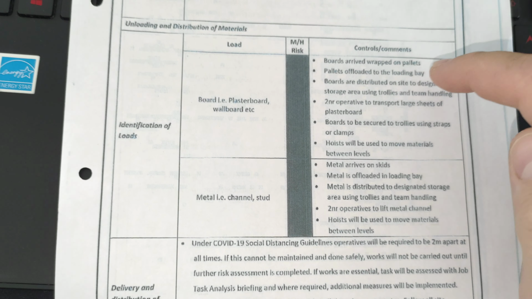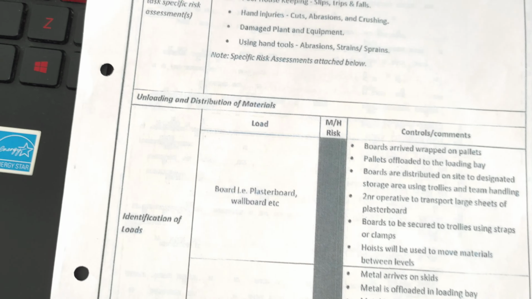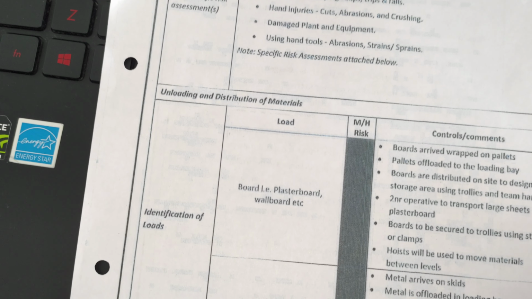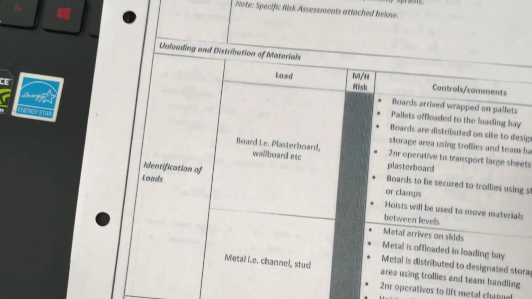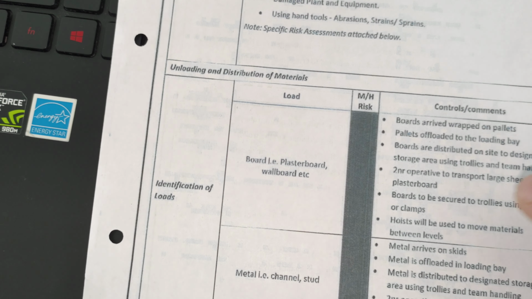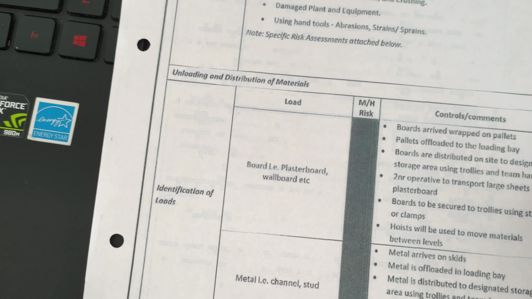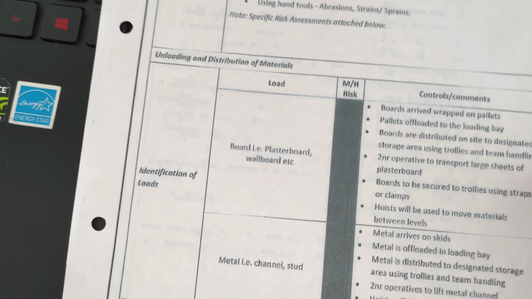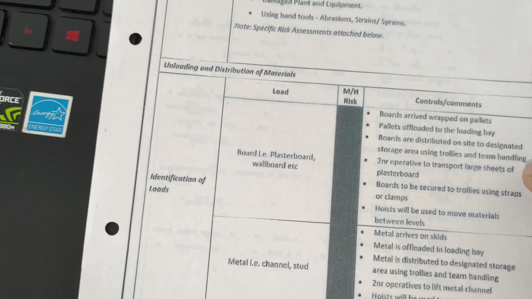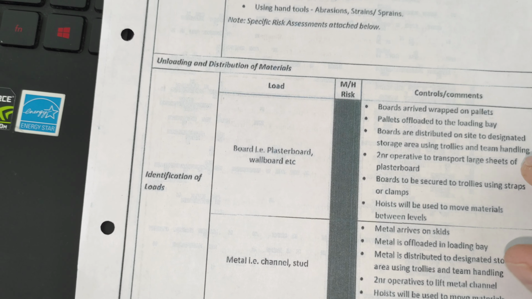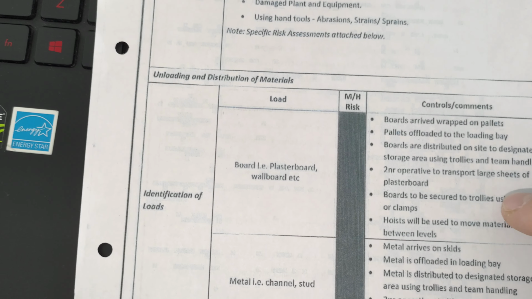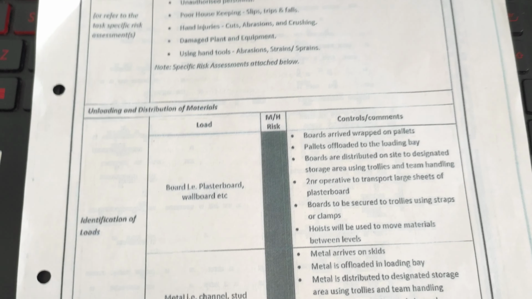For example, boards arrive wrapped on pallets and are offloaded, the same as the metal, to the loading bay. Then boards are distributed to the designated storage area using trolleys and handling equipment, the same as with the metal. So large plasterboard, same as metal.